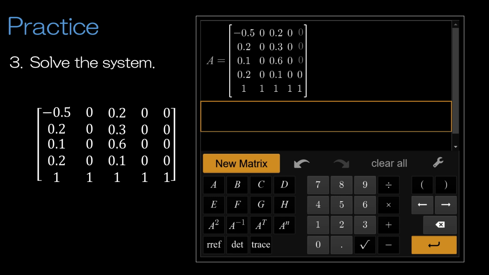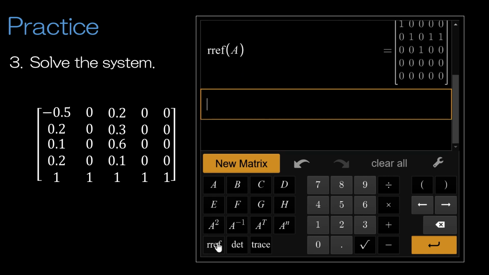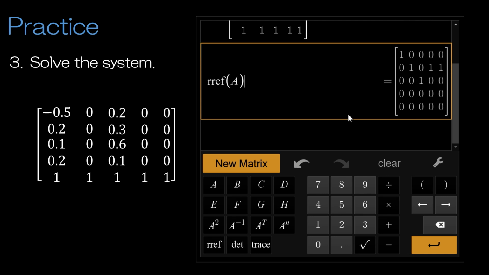Now that we have our matrix that includes all 4 of our equations along with our final equation that x1 plus x2 plus x3 plus x4 is equal to 1, I'm going to go ahead and row reduce that. So RREF of A, and we can see that I get a solution.